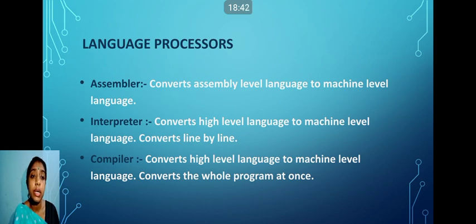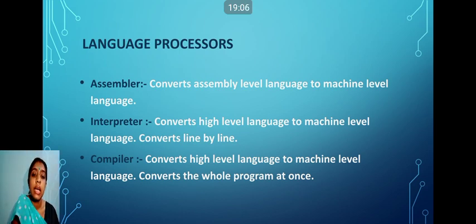It converts the high level language to machine level language, but it converts line by line. Means it reads the program one line and then executes it, then reads another line, then again it executes, third line, fourth line, and executes. It goes on line by line, reads it, executes it, then goes for the next line.